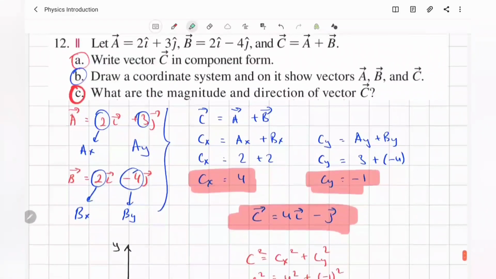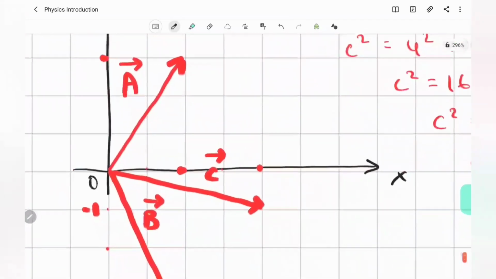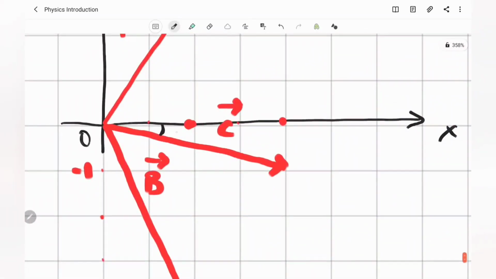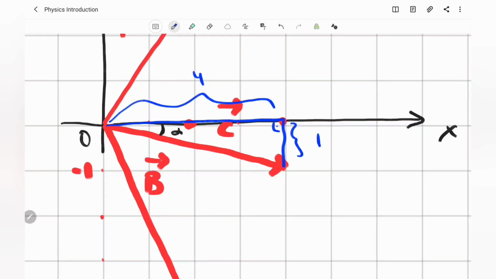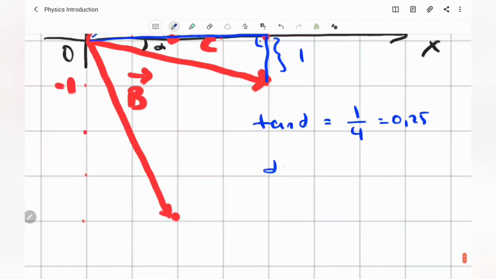Now let's come to the direction. So basically, let me zoom in. We need to find this angle, alpha. Again, as you know, it's a right triangle with a 90 degree angle here. This side is 1, the x component is 4. So tangent alpha equals the opposite side 1 over the base 4, which is 0.25, and from here we can find the angle.